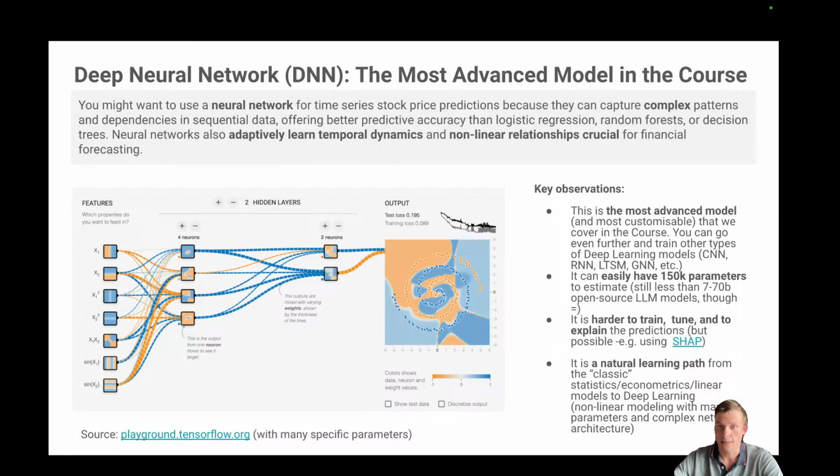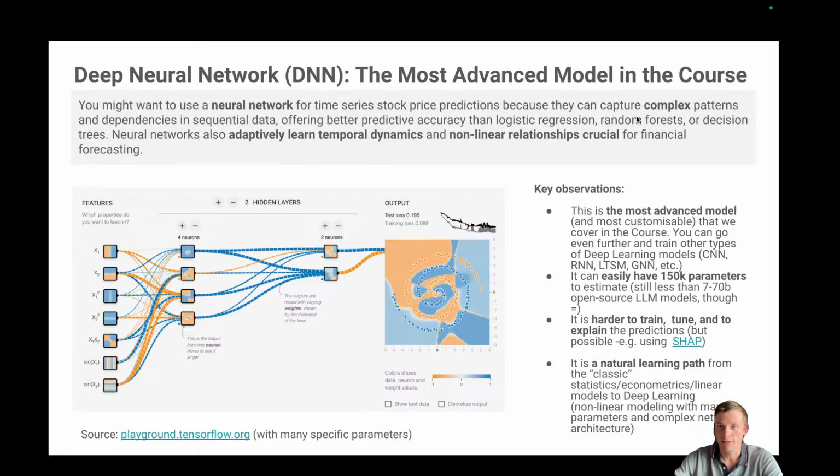But theoretically, this model is a connecting point between simple or standard statistical and econometric models and deep neural networks with more recent advancements. And why is this model the best one if you can train it properly?